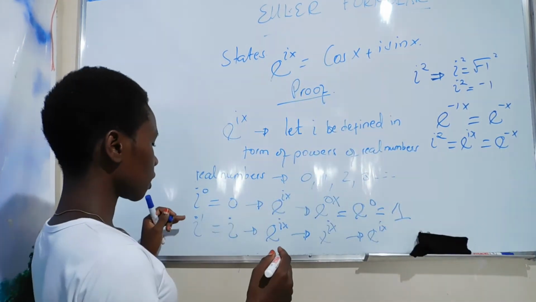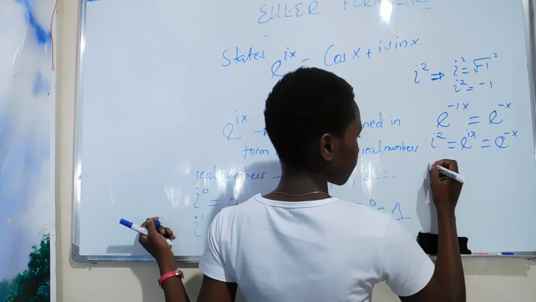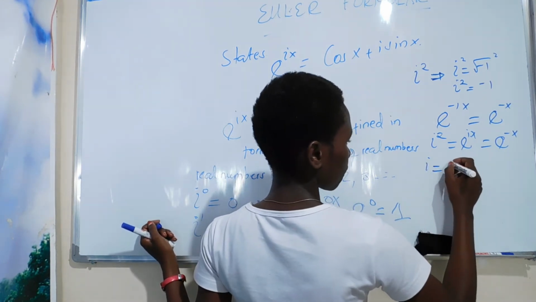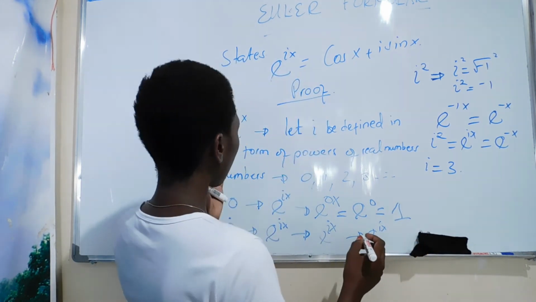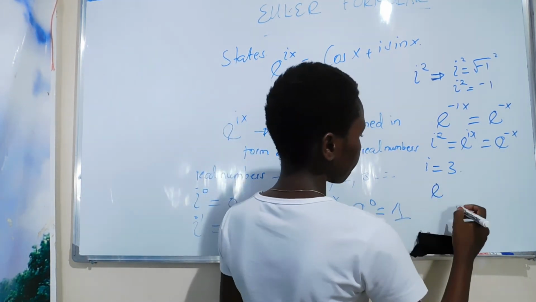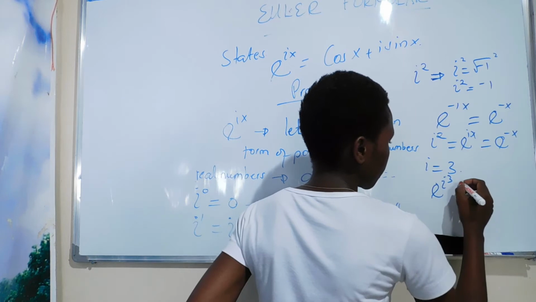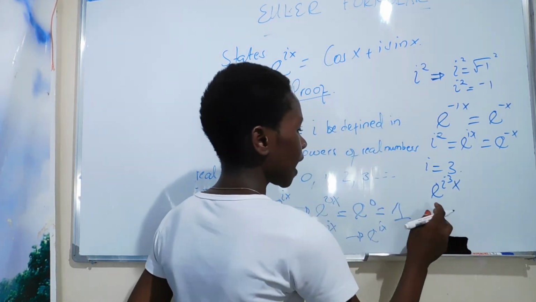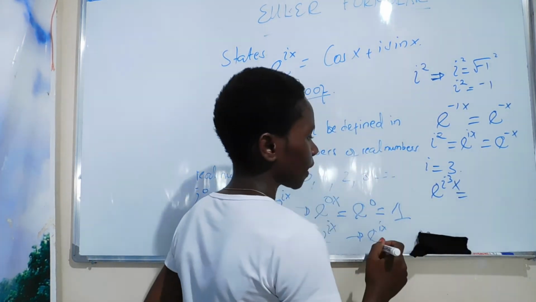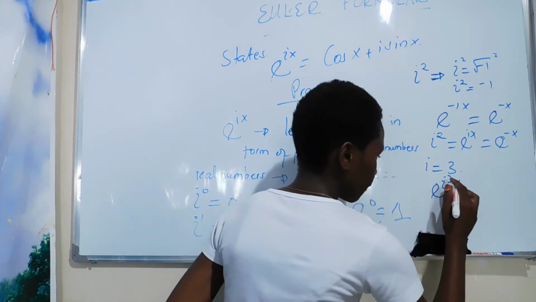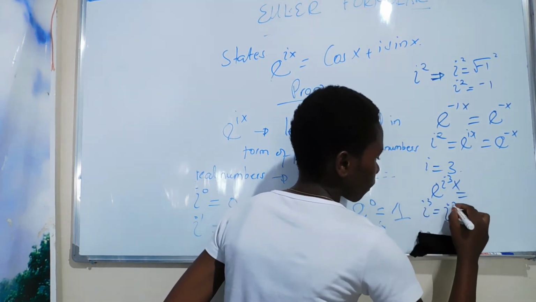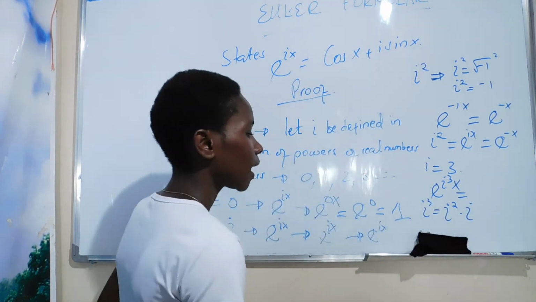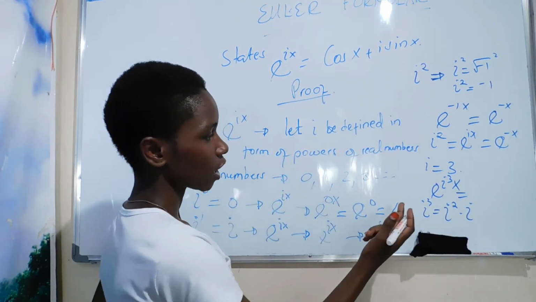Naenda kusubstitute I ni sawa na 3. Nikisubstitute I sawa na 3 katika Euler yangu itakuwa ni E I power 3x. So I power 3, nikifafanua, hiki kitu ni sawa na kuandika I square times I. Lakini I square I have it, nilishatafuta hapa juu.